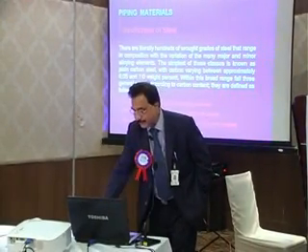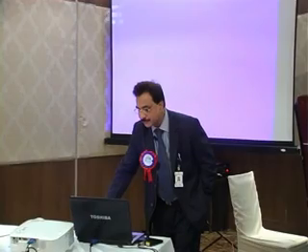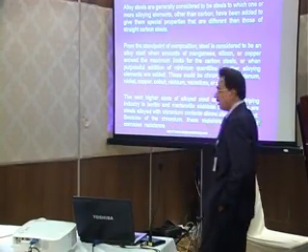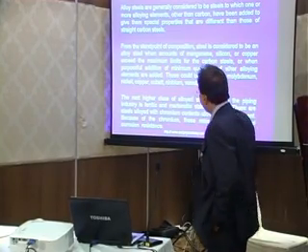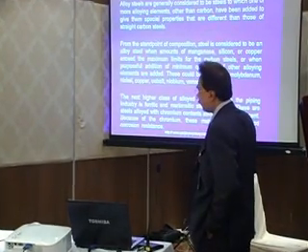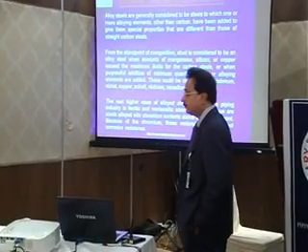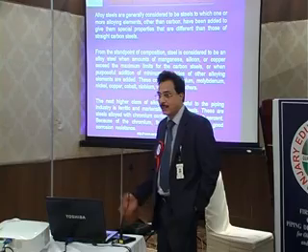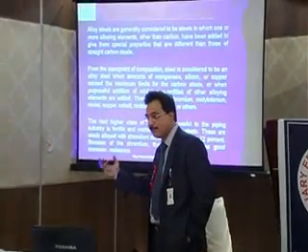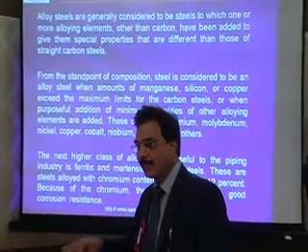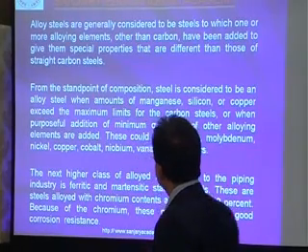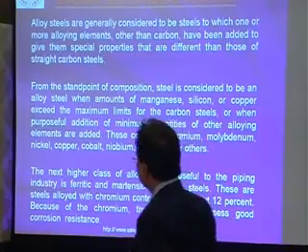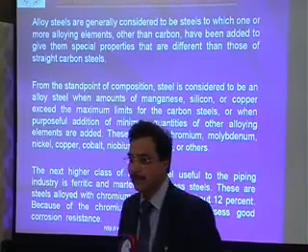Next, I will give the brief. Alloy steels are generally considered to have one or more alloying elements other than carbon, different from straight low, medium or high carbon steel. These are added to give them special properties.